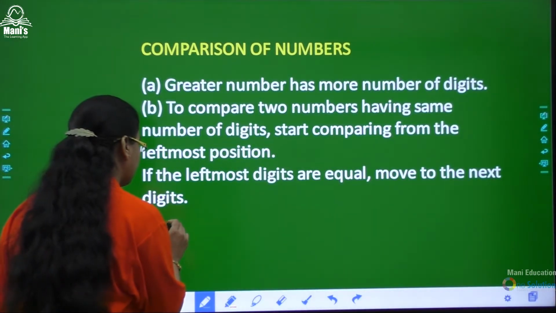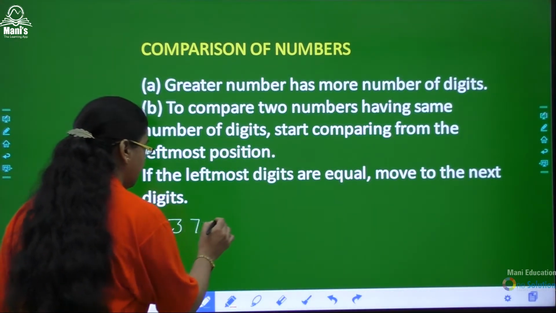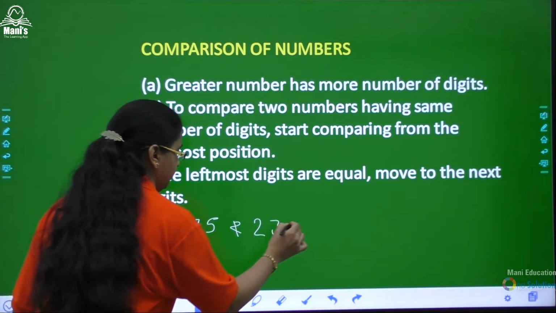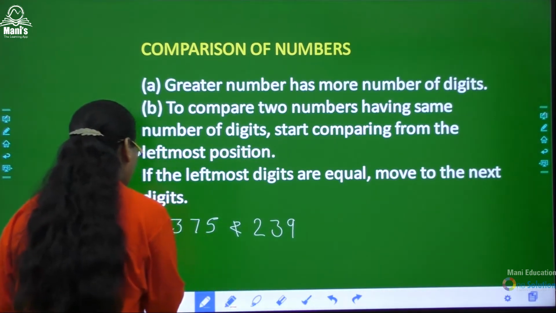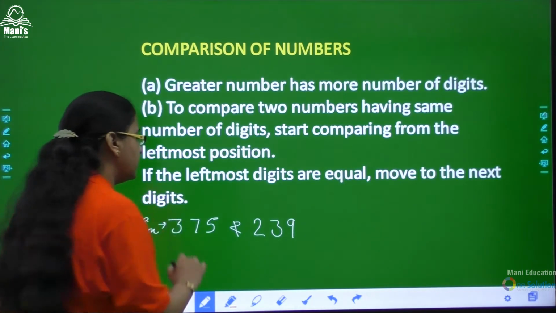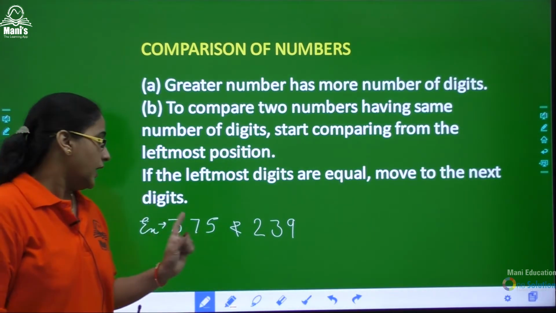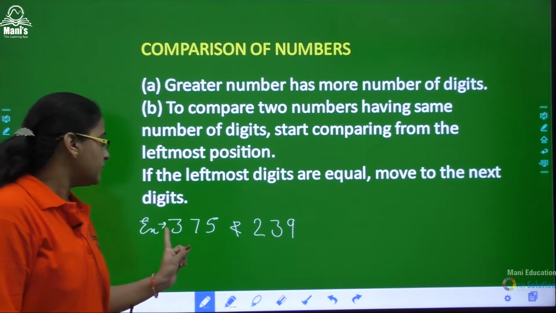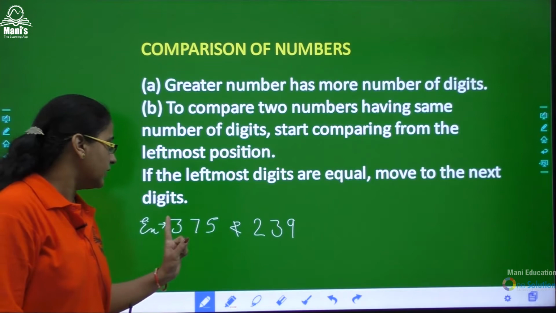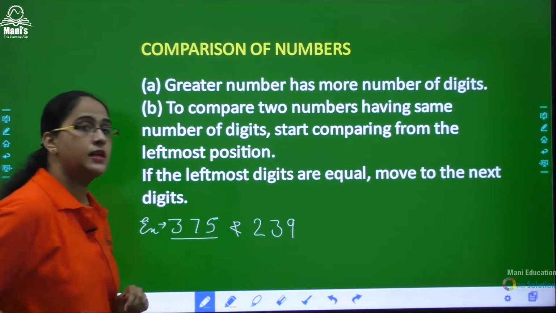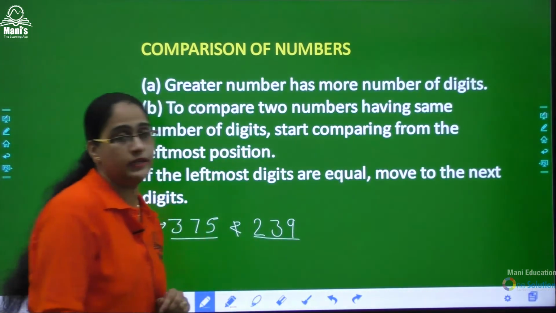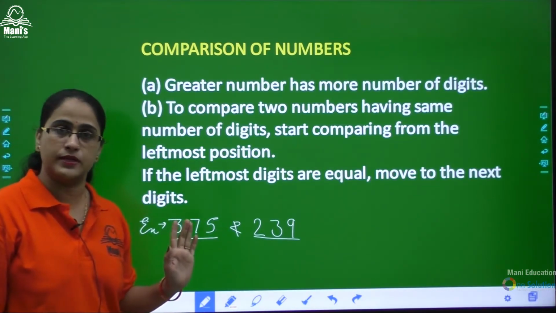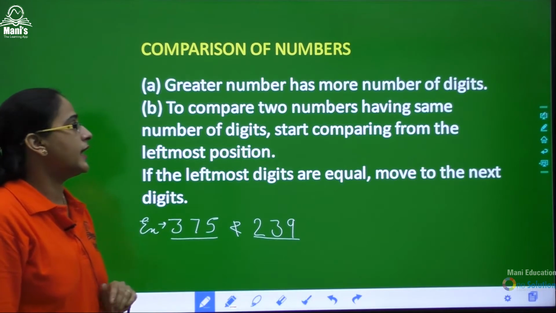If I take the numbers 375 and 239 and compare them, the first concept does not work, because this has 3 digits and this also has 3 digits. So we cannot compare these two numbers that way, and we have to move to the next point.